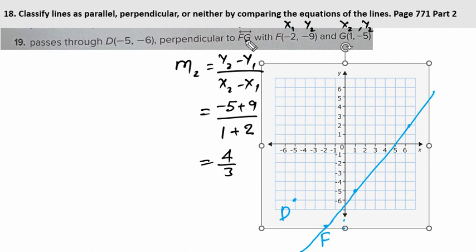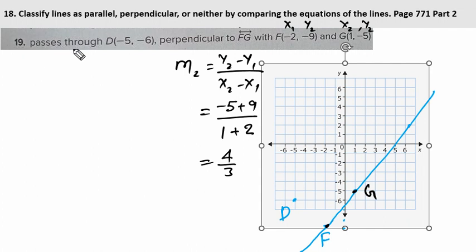That's your slope for line FG, right? This point is G, this point is F. If you want to see it from here, 4 steps up, this was -9, so -9 to -5, 4 steps up and 3 units right.